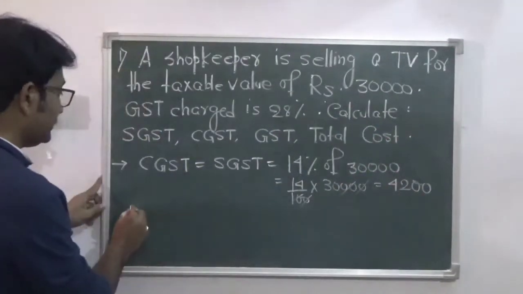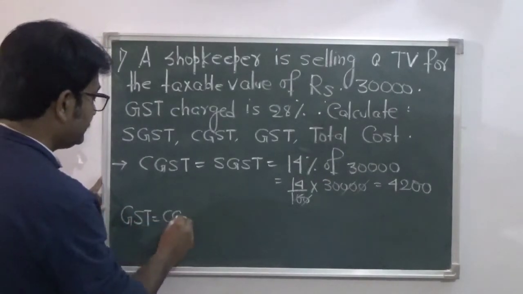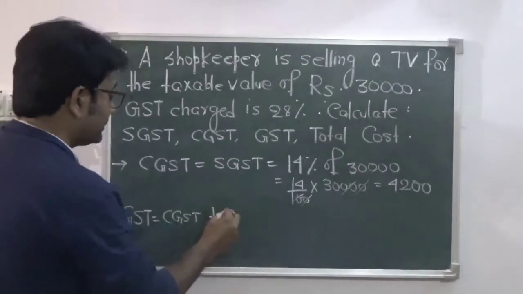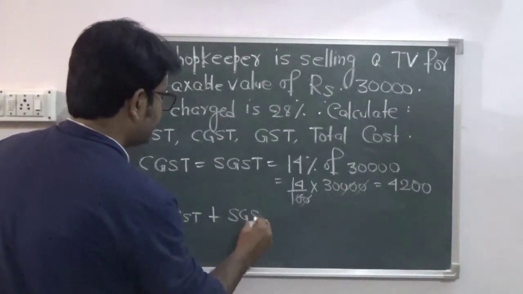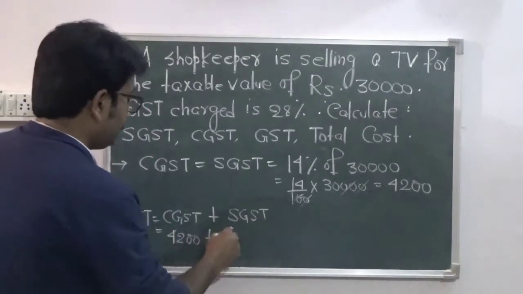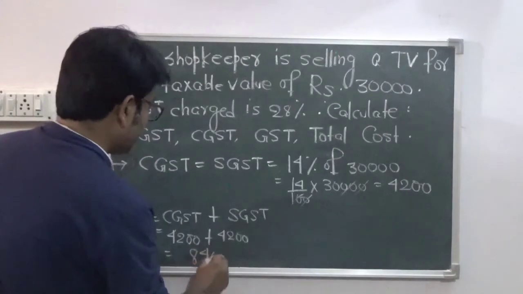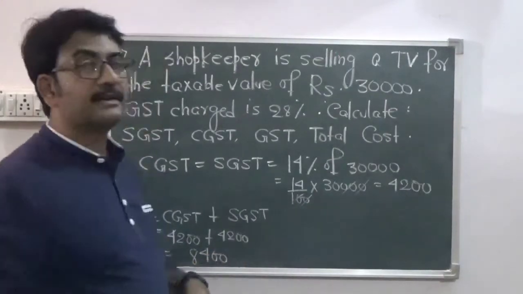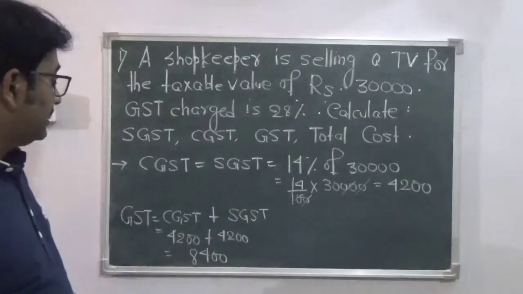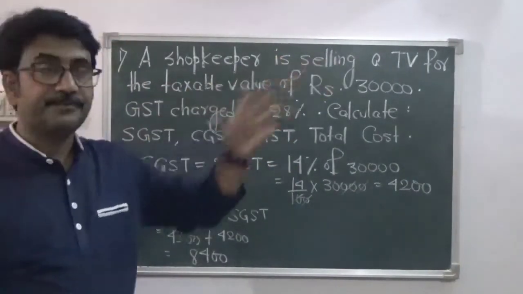So GST is how much? GST will be CGST plus SGST. So that is equal to 4,200 plus 4,200, and that is equal to 8,400. So 8,400 is the GST to be paid for the TV set.